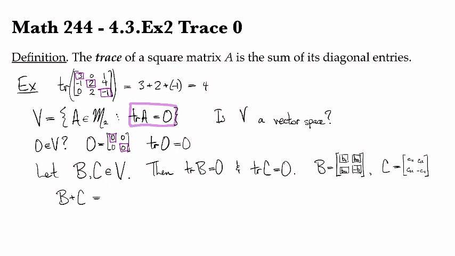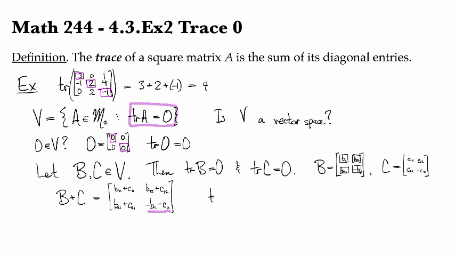If we look at the sum of these, we have B11 plus C11, B12 plus C12, B21 plus C21, and then here we have minus B11 minus C11. That's the new and exciting part from this particular form of the matrices that we're restricted to working with.